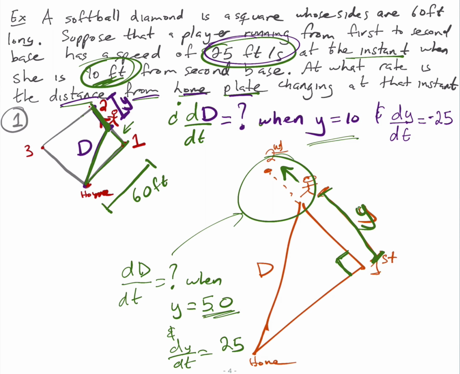I'm kind of cluttering my picture here, but I think I'm just going to erase it and redraw it. But that's going to be 60 minus y, right? And so now my formula is going to have a 60 minus y squared, which is more messy than just having a y squared, right? So there's pros and cons. At the end of the day, either one would work. But if there's more than one option, typically one of the options is a little bit easier than the other.